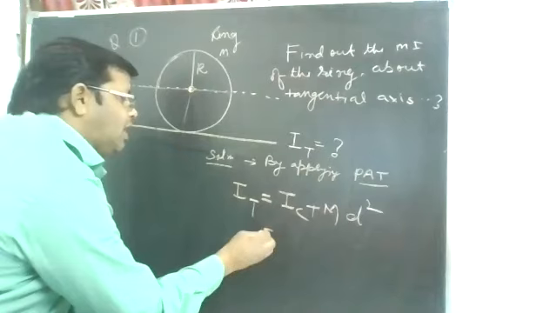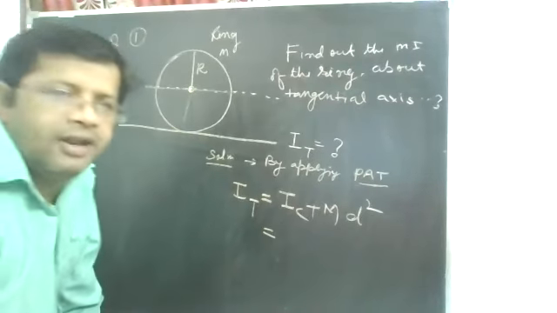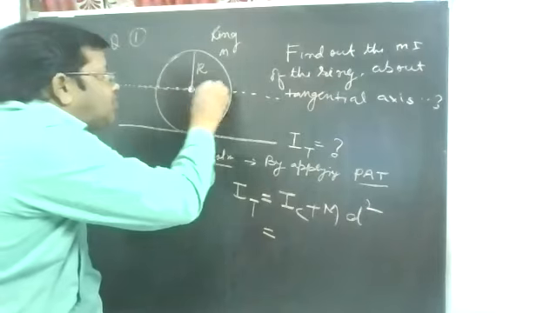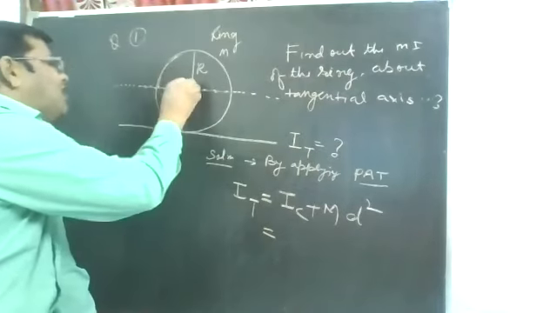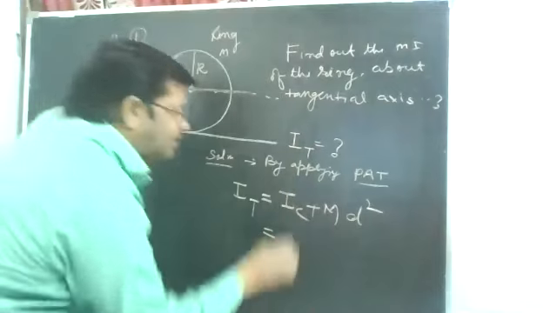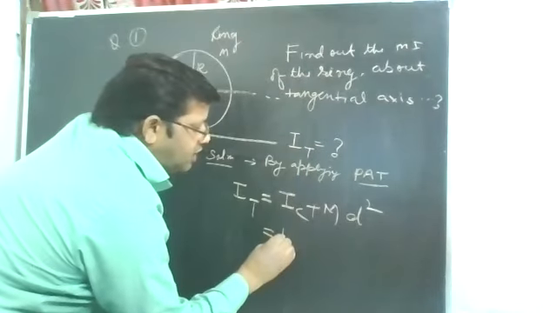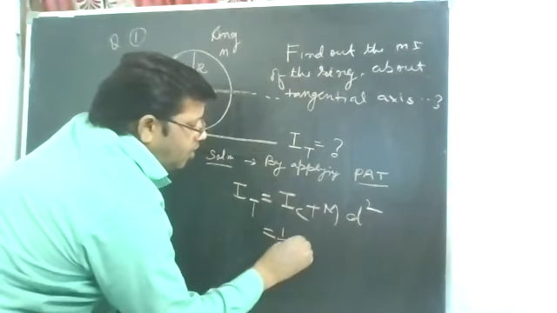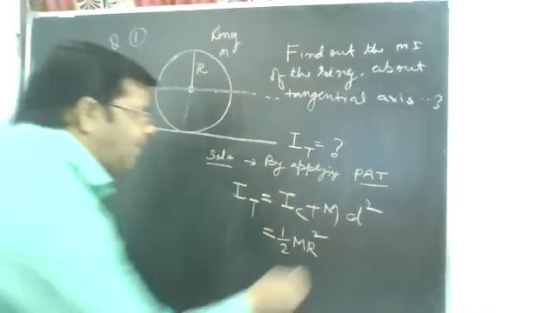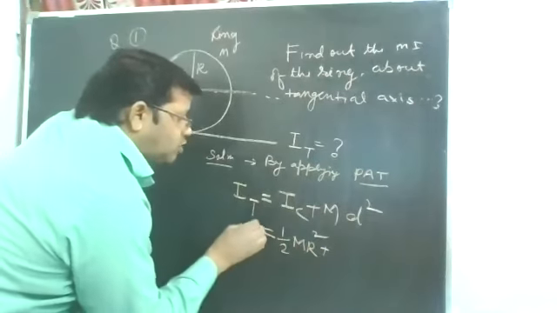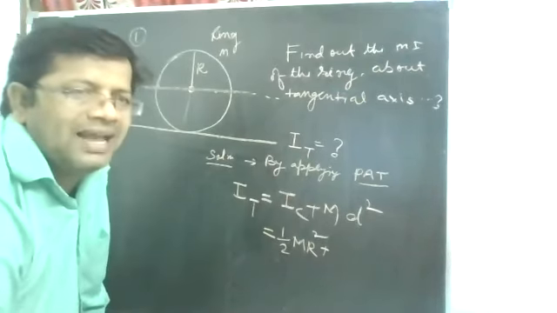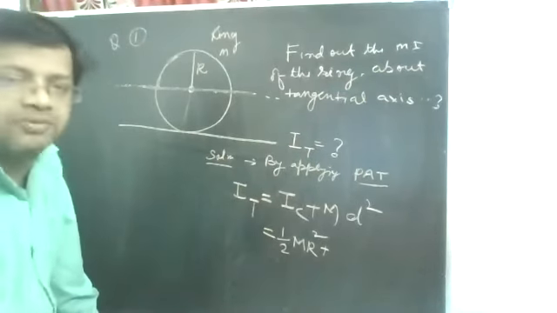Now you see here, we have already derived that the moment of inertia about the axis passing through its center and along the plane, that is the diametric axis, is half mr square. We are applying the parallel axis theorem to solve this problem.